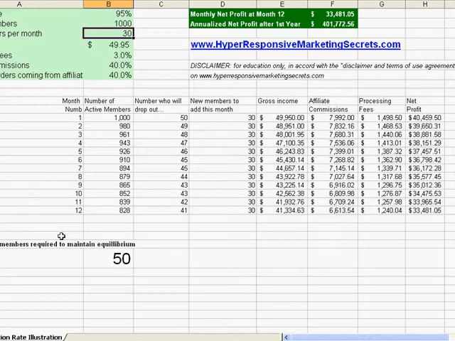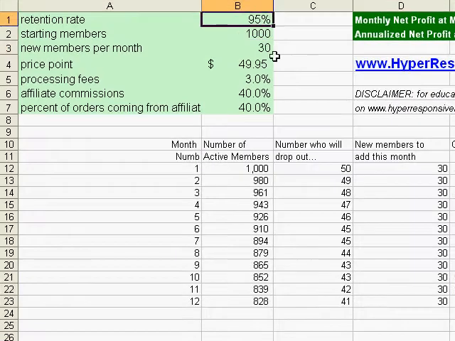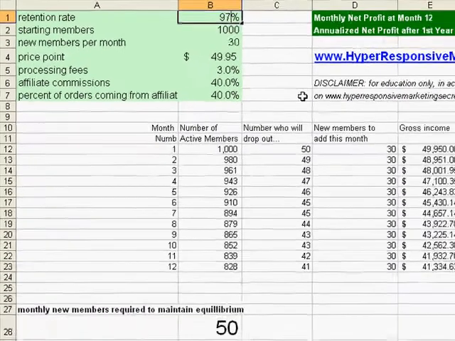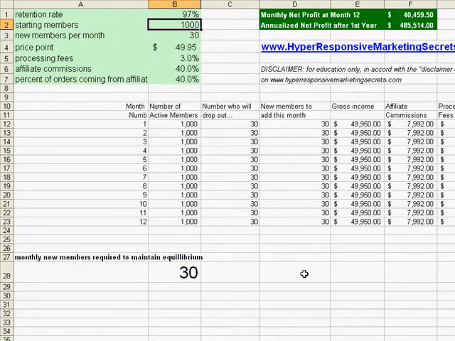So as the membership base gets larger, the importance of retention goes up and up, because to maintain equilibrium, I probably would have to maintain 97%. So the bottom line is that retention rate is exceptionally important.